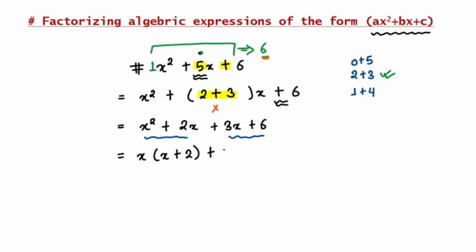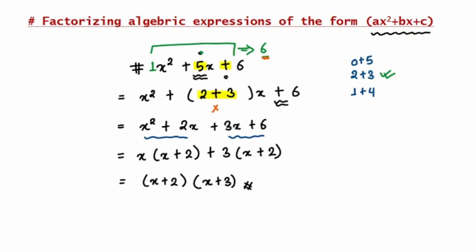Similarly, in this case, we can take 3 as our common, and we have x plus 3 times 2 is 6. After that, we can take x plus 2 as common. So we just write it here, and the remaining things in another bracket. So we have x and plus 3 remaining, and we write that in another bracket, and done. That's how we can factorize these types of algebraic expressions.